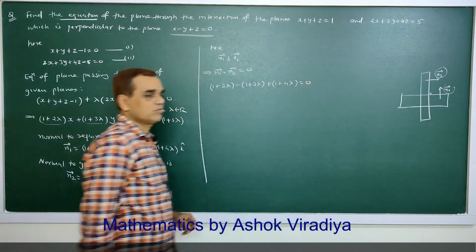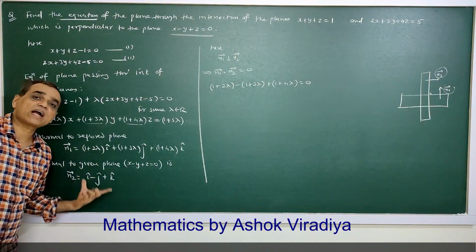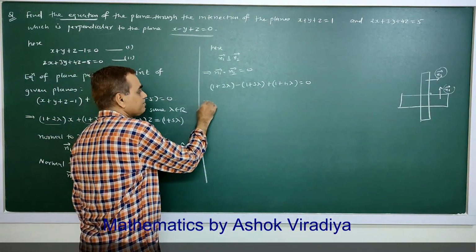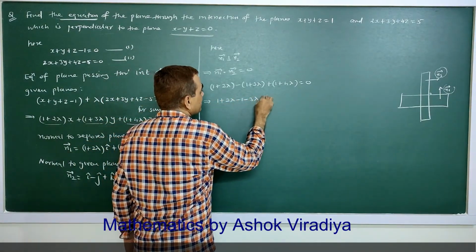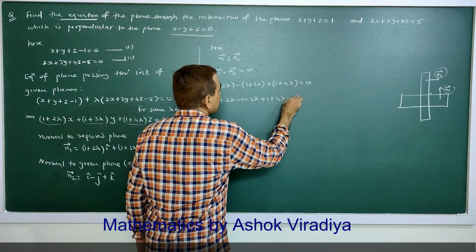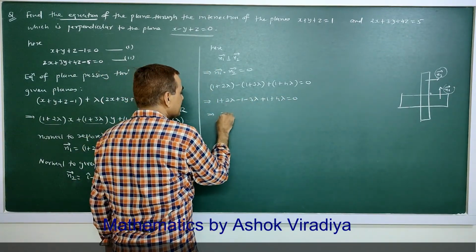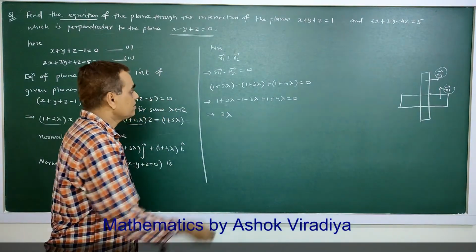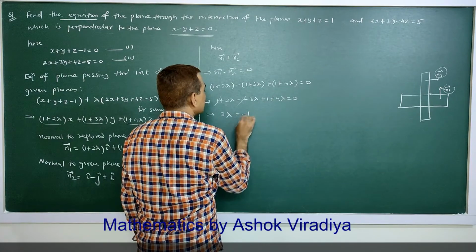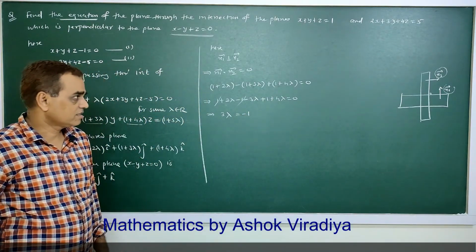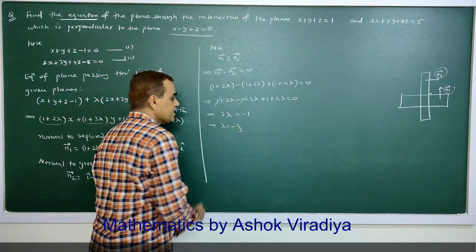This is 0. So that is 1 plus 2 lambda minus 1 minus 3 lambda plus 1 plus 4 lambda is 0. Therefore 4 plus 2 is 6, 6 minus 3 is 3 lambda. This 1 is cancelled, this 1 you take on the other side, so it is minus 1. So lambda is minus 1 by 3.